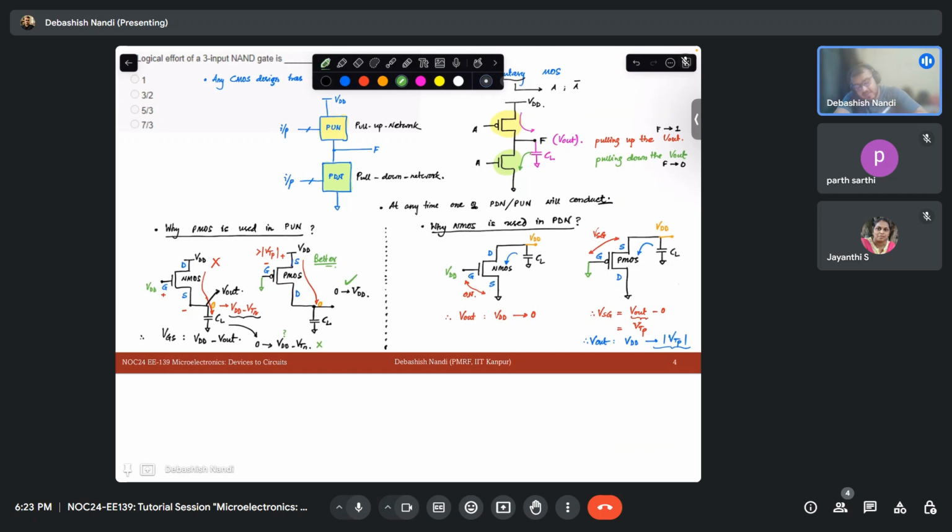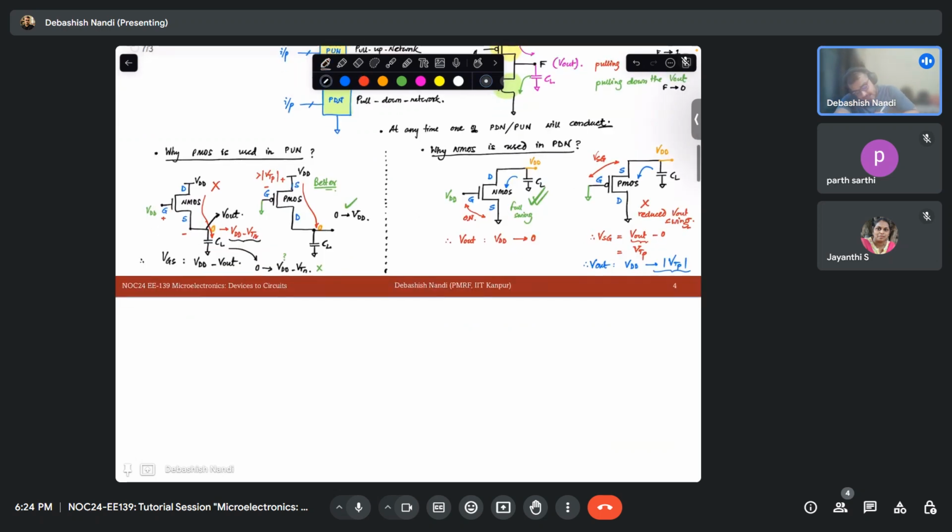In this case, you are getting full swing, so it is preferred. And this is not preferred because of reduced V out swing. Okay, so this is the reason why we use PMOS in the pull up networks and NMOS in the pull down networks. Okay, is that fine?